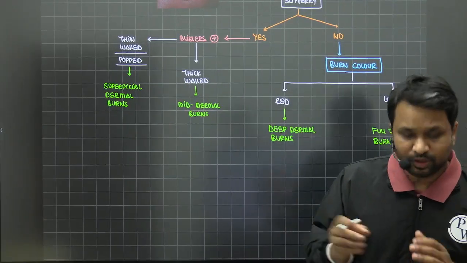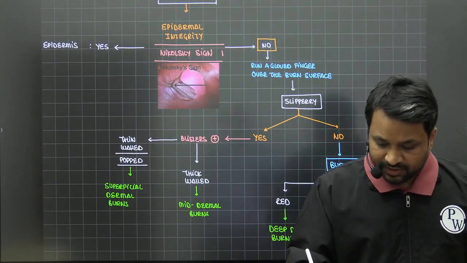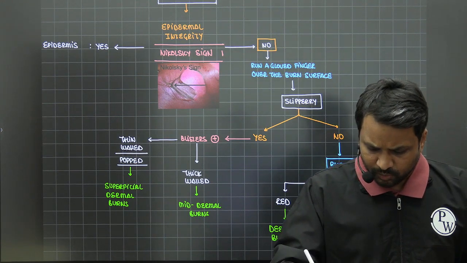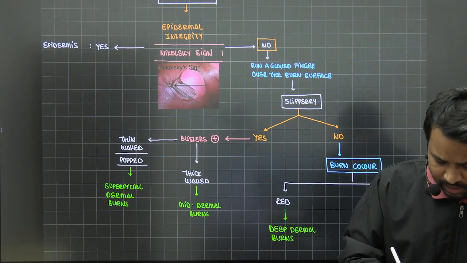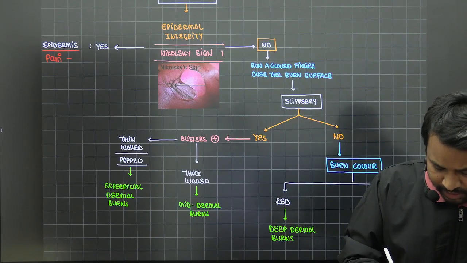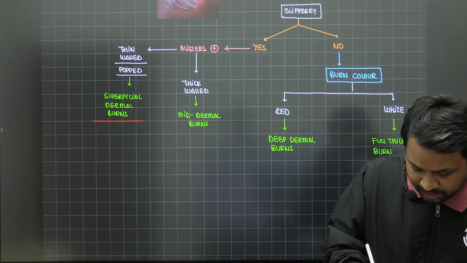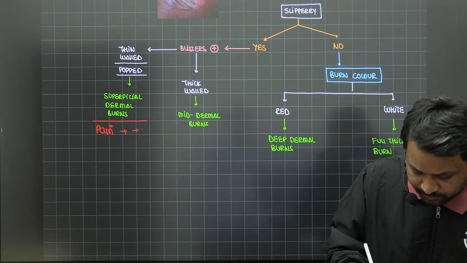Now when you look at all these components, another very interesting way to differentiate the depth of the burn is to look at the component of pain. Epidermal burns will be severely painful. Superficial dermal burns will also have severe pain.